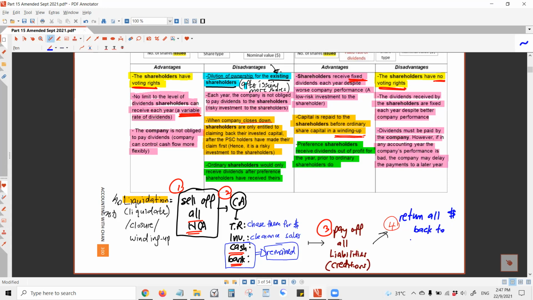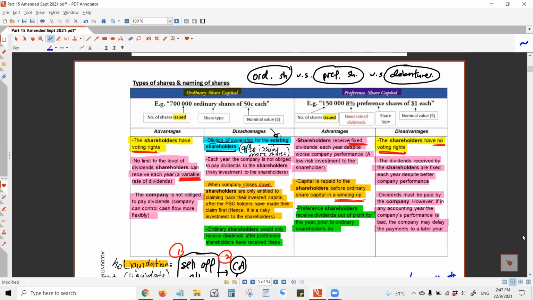back to the owners. Who are the owners of a company? Shareholders. There are two types of shareholders, ordinary shareholders and preference shareholders. So who do you think would get back the money first? Should be preference shareholders, because there's a word preference, which means they must have some form of priority, preferred.